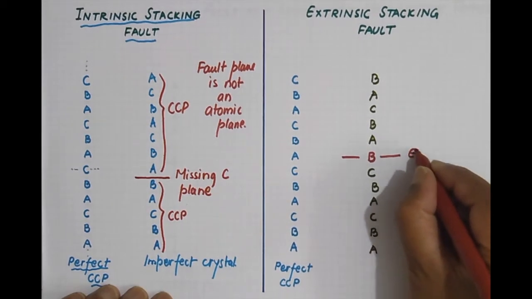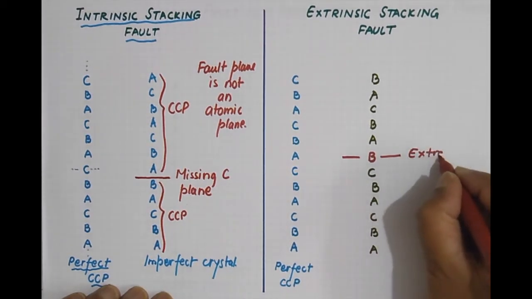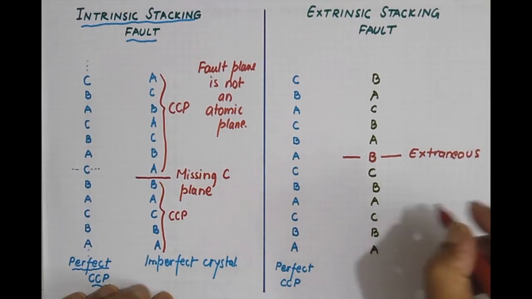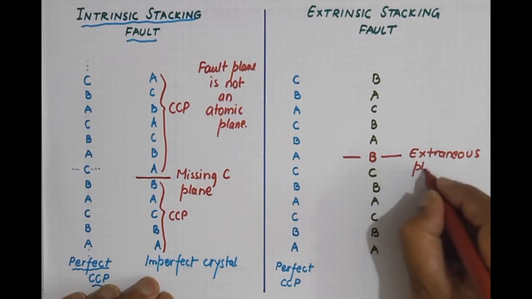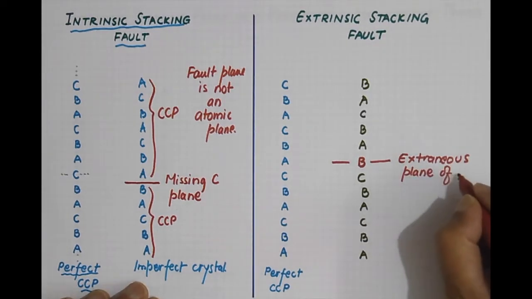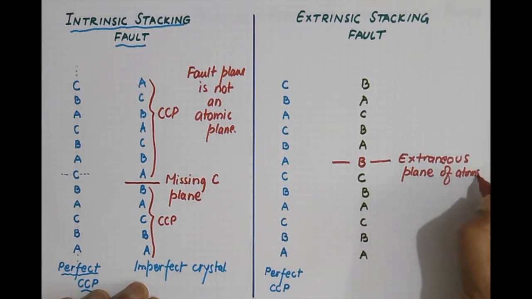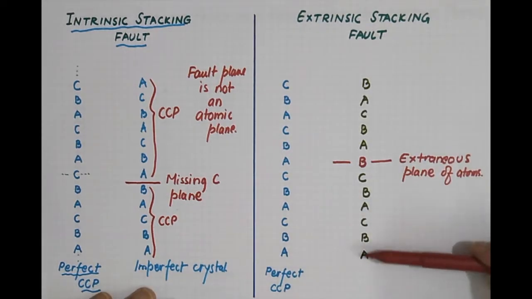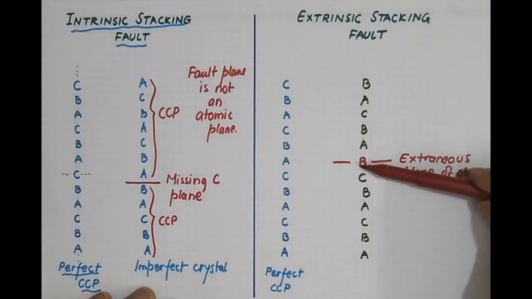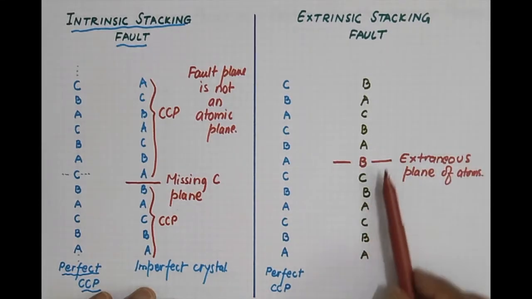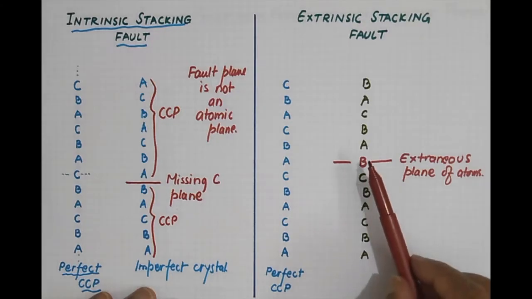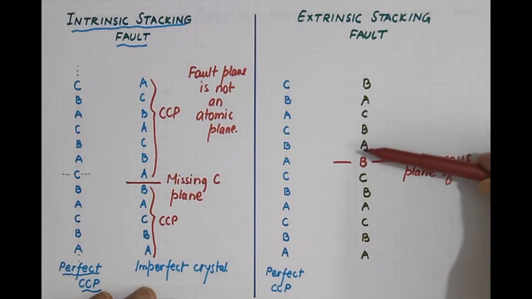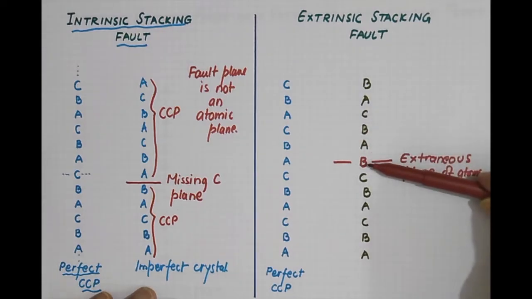So now the fault plane is an extraneous plane of atoms. This plane is not part of either crystal, because if you see ABC, ABC, A, I was expecting, if I am coming from below, the crystal below demands an A plane there, and the crystal from above, BAC, BA was demanding a C plane there.